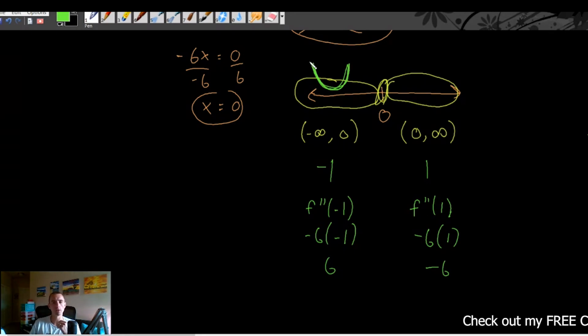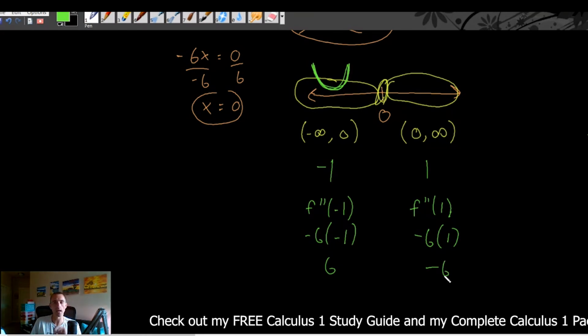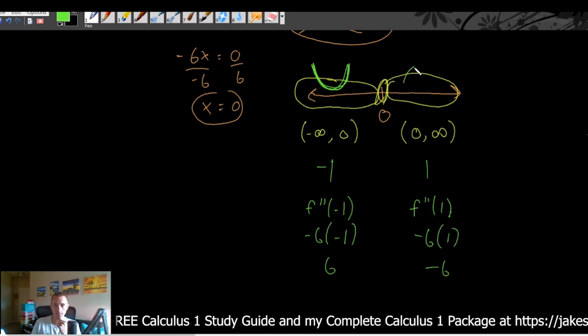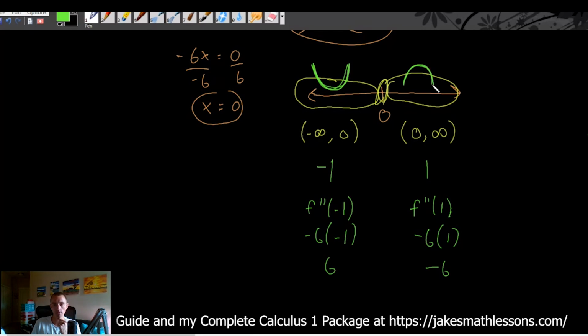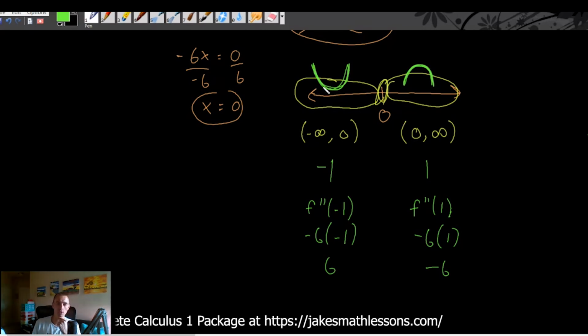So if we know the concavity is positive, that means it's curved upward. So that tells us that our original function has an upward curve to it. Here we got a negative number as an output for our second derivative. That tells us that our original function is curving downward. It's concave down. It's basically like a frowny face shape.